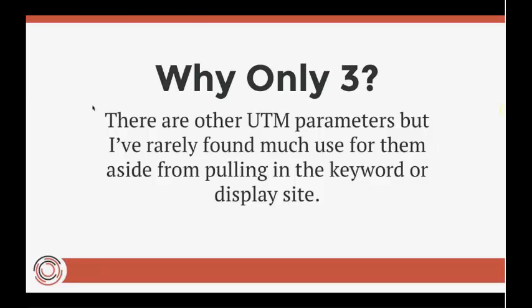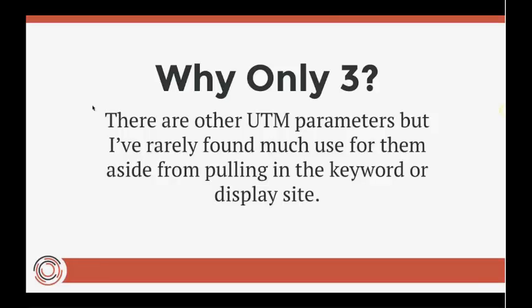Now, a lot of people ask why we only used 3. Well, in my experience, we did use the term UTM parameter, but we only used that when we were doing Google AdWords, Bing AdWords, or display networks. We would pull the keyword into the lead source, which I'll show you here in a minute, so that we could track it all the way down to the keyword or to the term level.